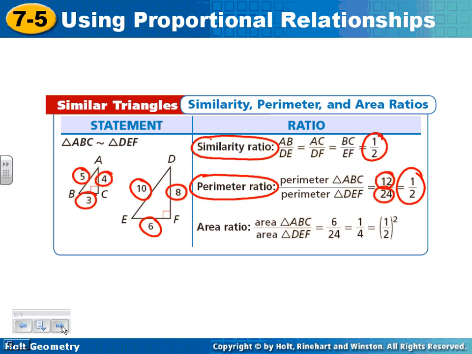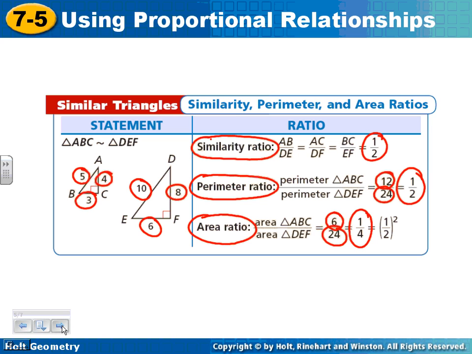But it's a little bit different with the area ratio. The area of the first triangle comes out to be 6, and the area of the second triangle comes out to be 24, which is 1/4. So it's 1/2 squared.